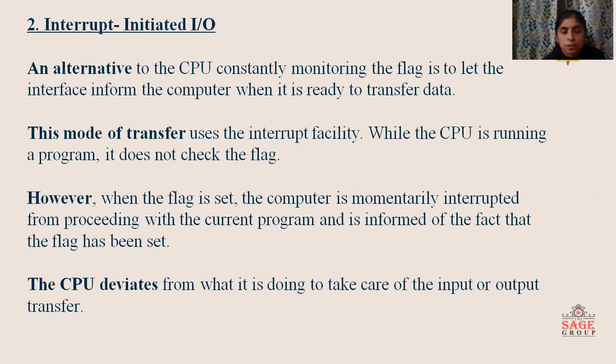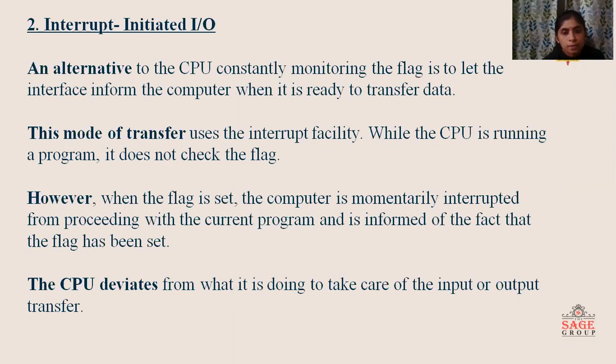In the previous case, the CPU was constantly monitoring the flag to let the interface inform the computer when it is ready to transfer data. But here there is a facility of interrupt. The CPU is running a program, and it does not check the flag. It will do its work.